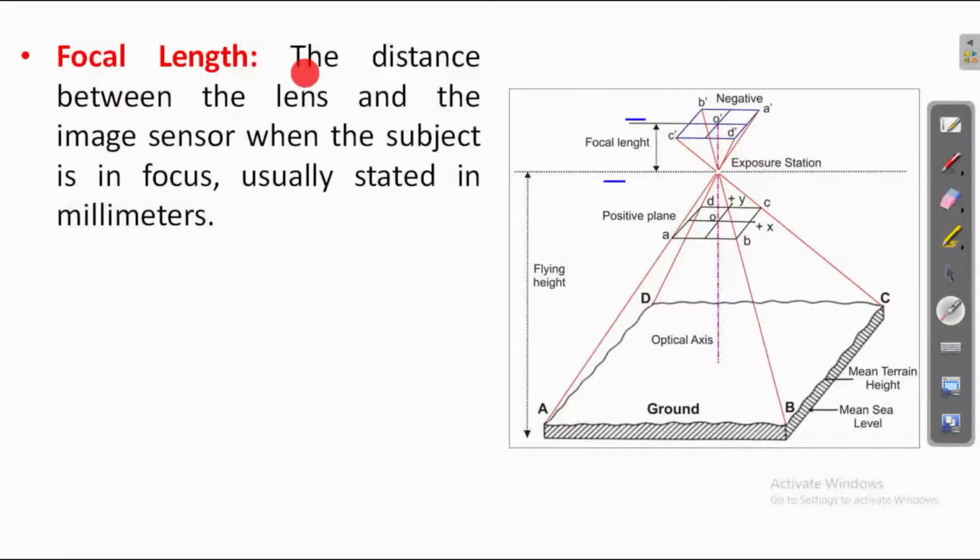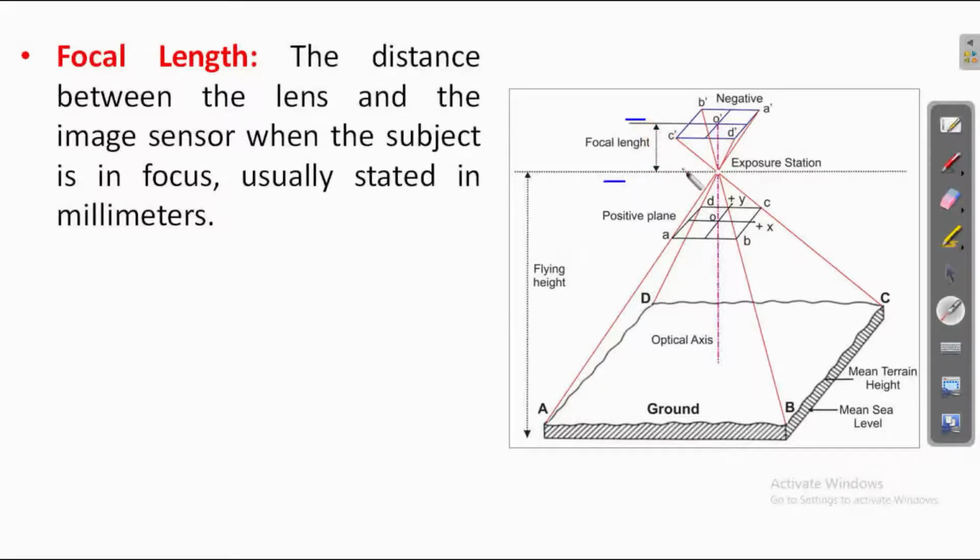Next important term in aerial photography is focal length. Focal length is the distance between the lens and the image sensor when the subject is in focus, usually stated in millimeter. Here is the camera strip and here is the exposure station. This distance is called the focal length.